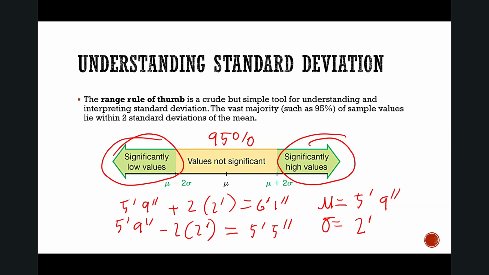According to this also, if a man is taller than 6'1", his value is considered significantly high. That means it's different in a statistically interesting way, because it's higher than the vast majority of people. And if a man is lower than 5'5" in this case, his height would be considered significantly low.